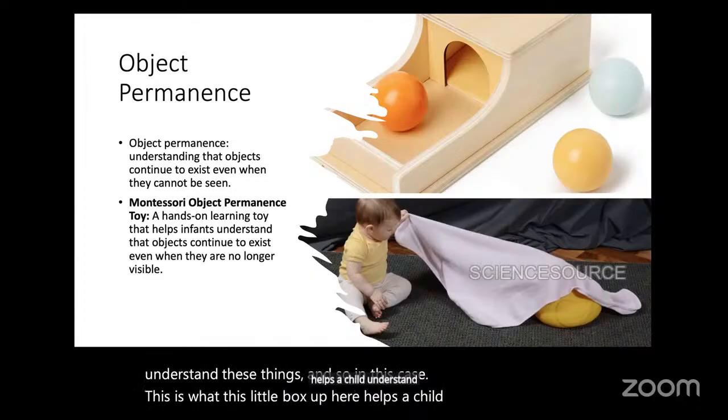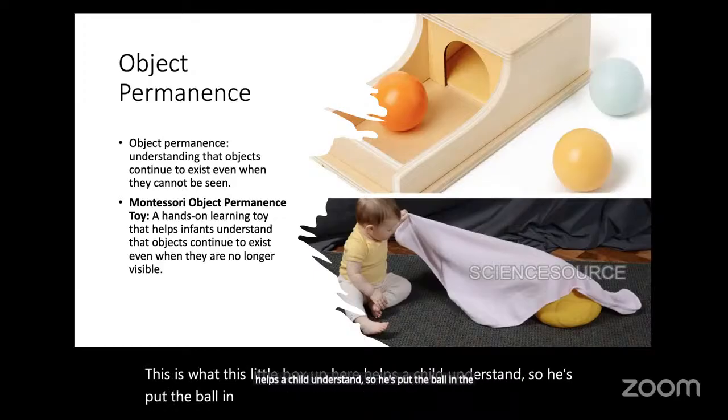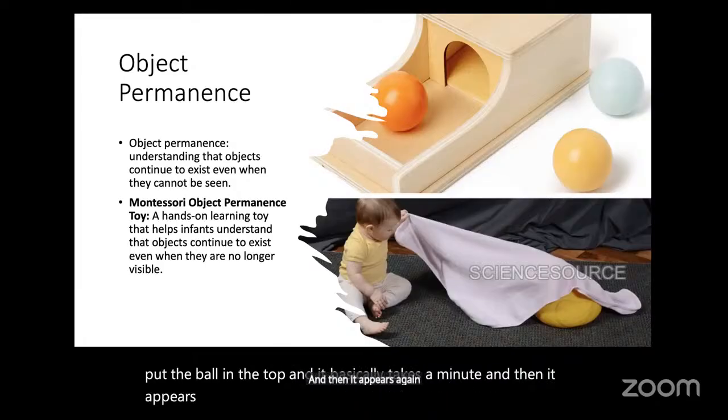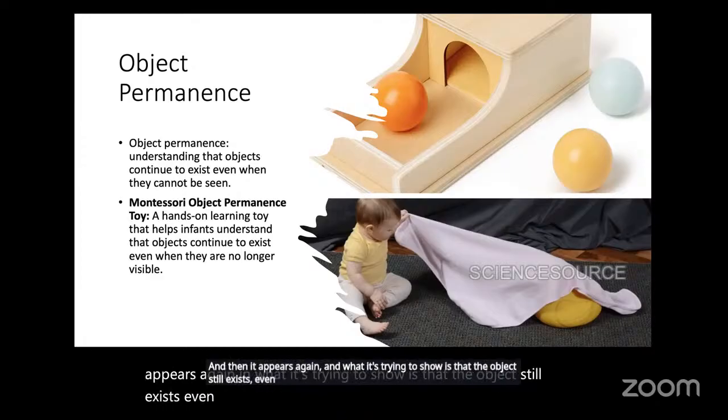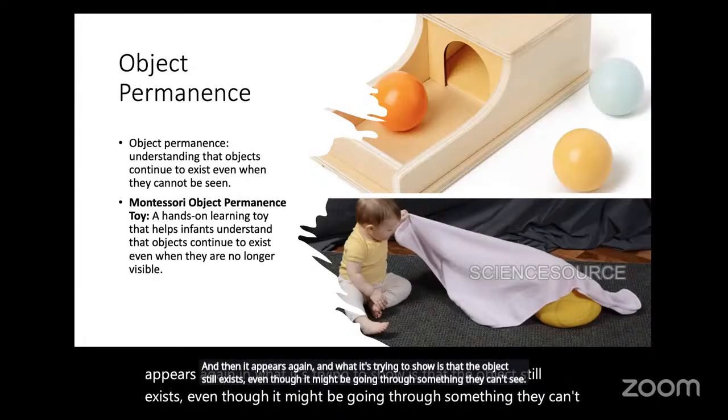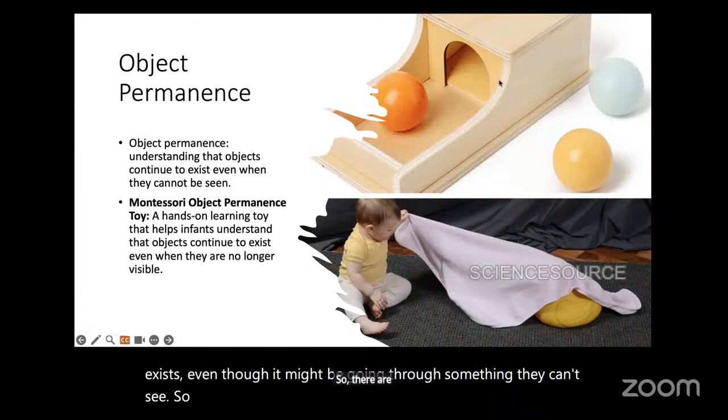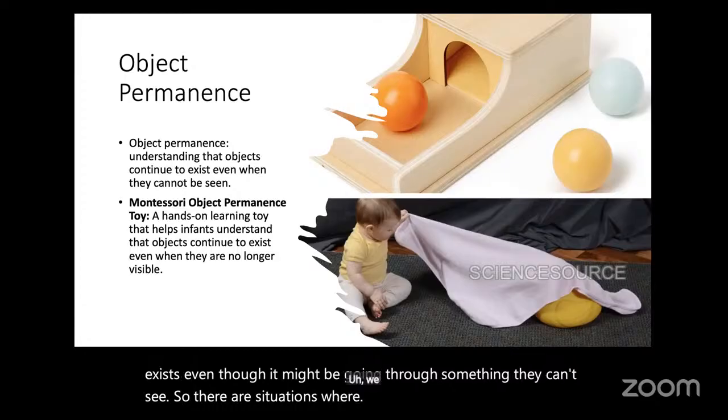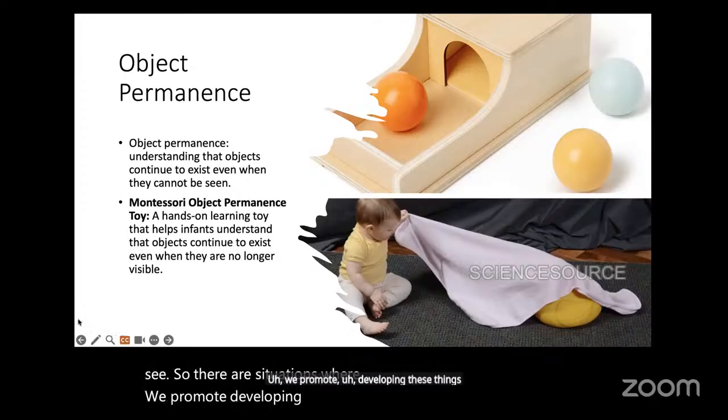He's put the ball in the top, and it takes a minute, and then it appears again. What it's trying to show is that the object still exists, even though it might be going through something they can't see. So there are situations where we promote developing these things.